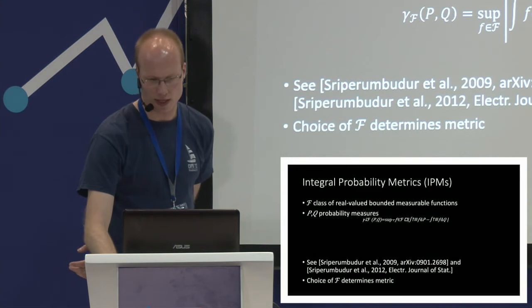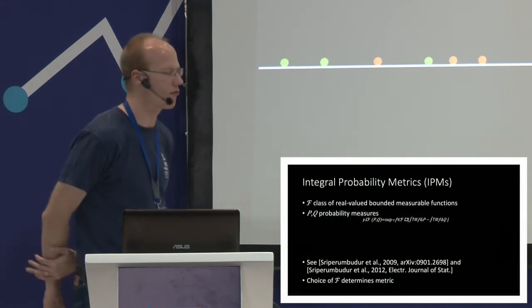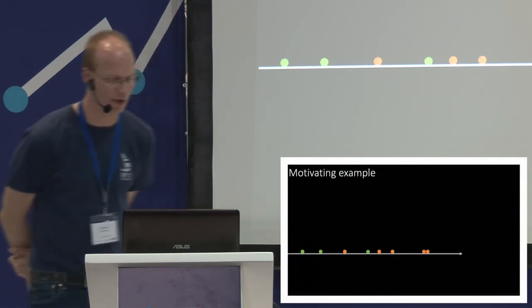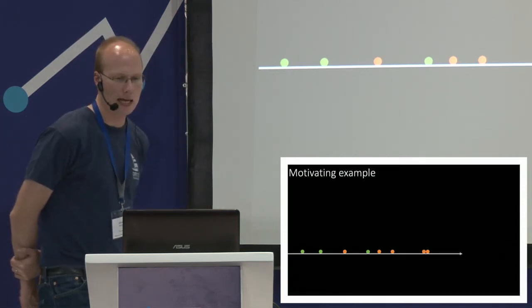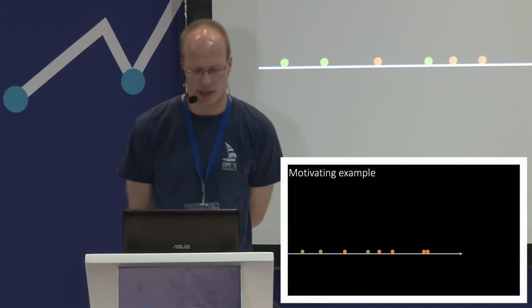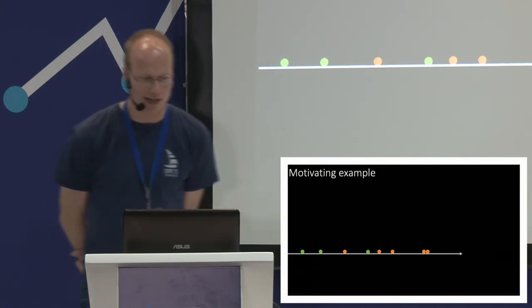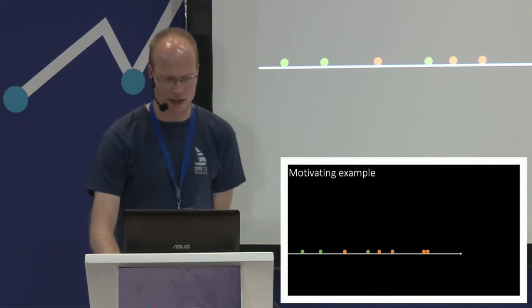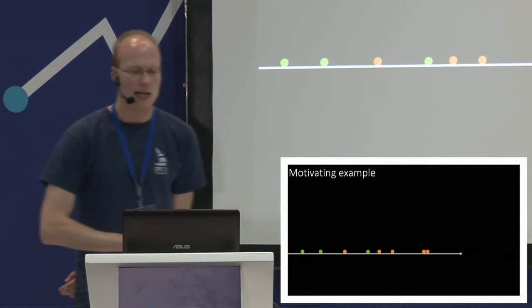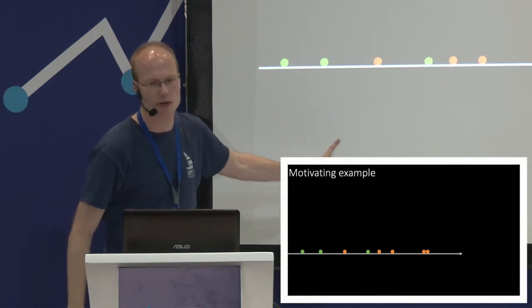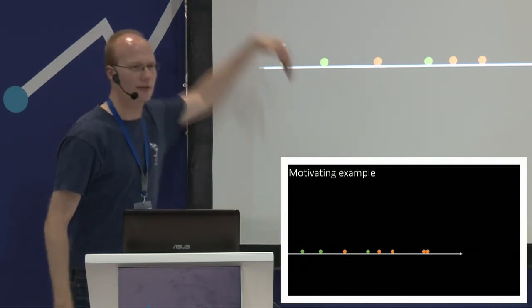Let me actually show you a figure. Here we have realizations from two distributions, the green distribution and the orange distribution. I want to find a function that pushes the green points down in my visualization, and the orange points up. The problem is, if I allow any possible function, obviously I can send the orange points to infinity and the green points to negative infinity.